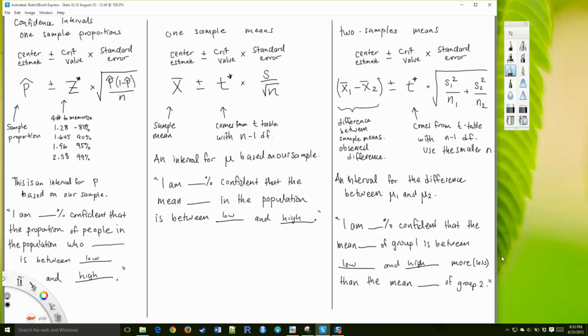Is this page okay? Yes? Alright, so then we'll do one more page for hypothesis tests.